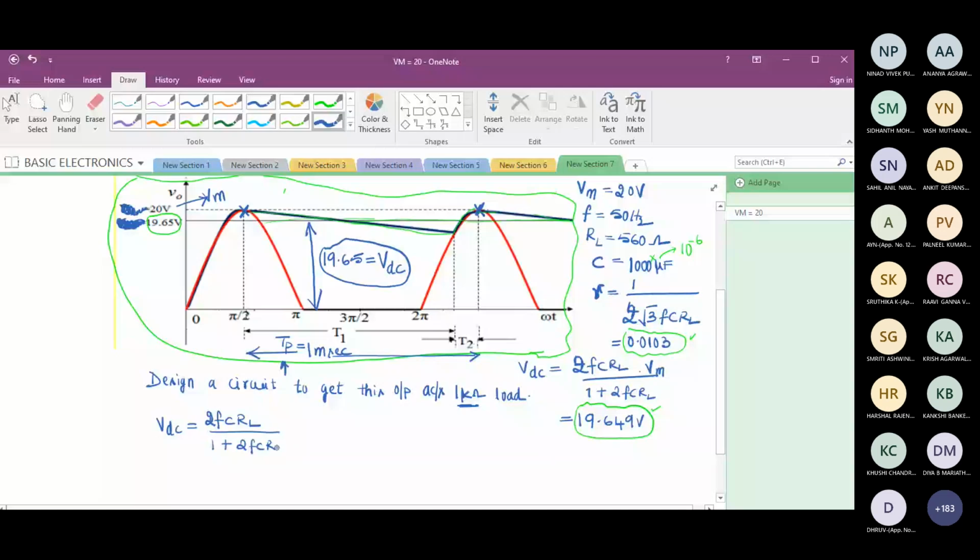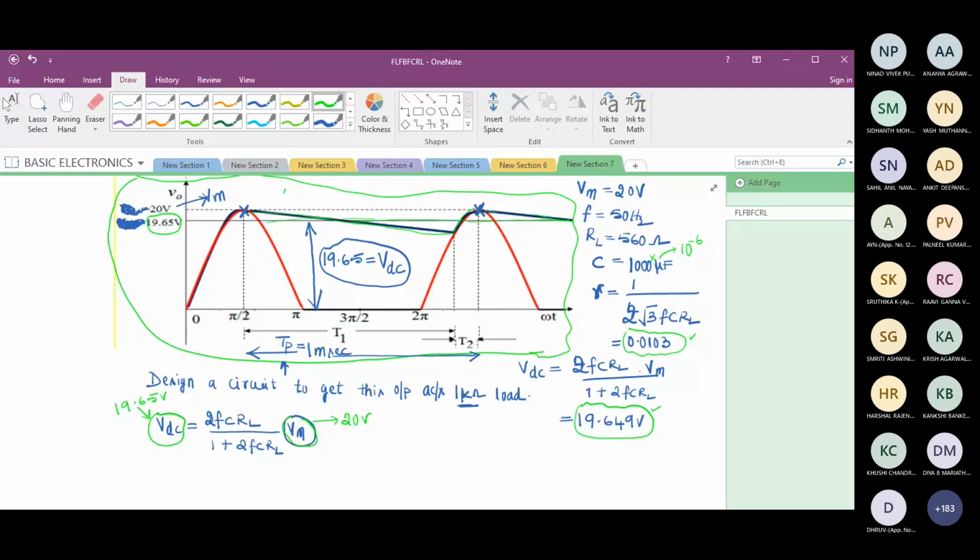Do we know VM? Looking at the waveform, I can easily write 20 volts. Do we know what is VDC? Looking at the waveform, we can write it is 19.65. I'm expecting an average of 19.65 across the 1 kilo ohm load.